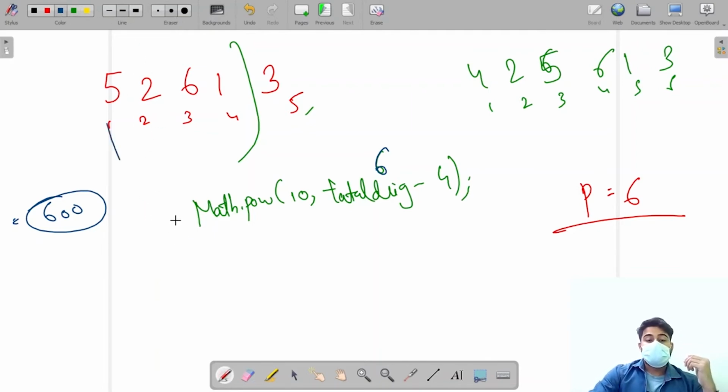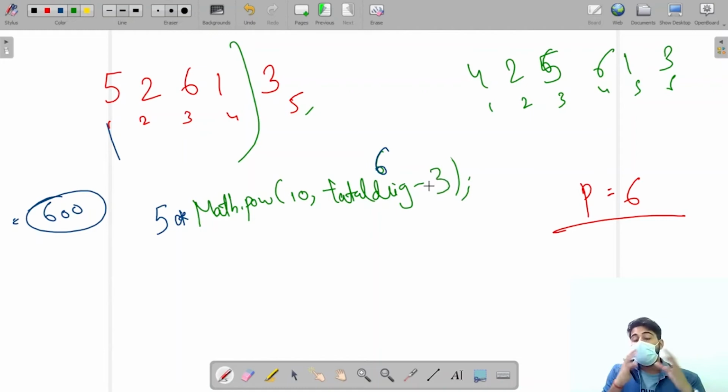As we are finding the position of 5, so 5 multiplied by Math.pow of 10, 10 power total digit, that is 6, minus here the face value is 3. So let me change this 4 with this 3.